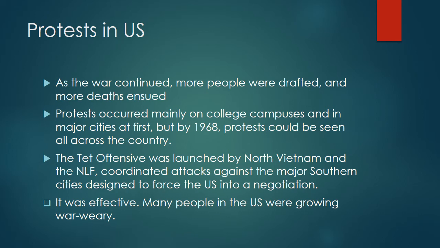The Tet Offensive, which was launched by North Vietnam, consisted of coordinated attacks against the major southern cities, designed to force the US into negotiation. So one of the key objectives of the Tet Offensive was to bring the Americans to the negotiating table, and they were quite successful in that.